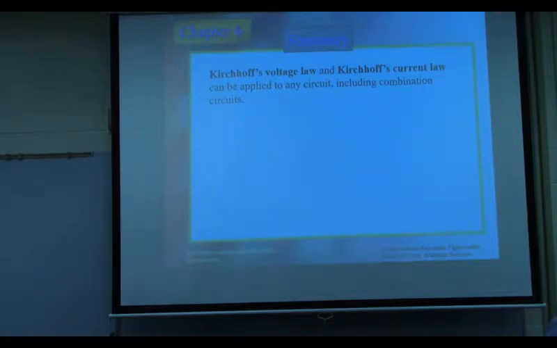All the current entering and leaving a node equals zero. Any node, the sum of the entering currents equals zero. We said Kirchhoff's voltage law applied to what kind of circuit? Series circuit. And current law applied to parallel.